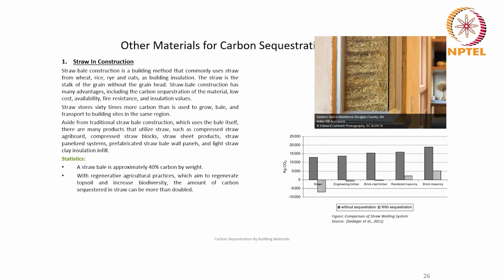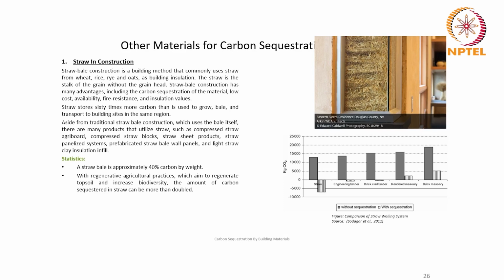Apart from traditional straw bale construction, which uses the bale itself, there are many products that utilize straw, such as compressed straw, agri board, compressed straw board, straw sheet products, straw panelized systems, prefabricated straw bale wall panels, and light straw clay insulation infill. The straw bale is approximately 40% carbon by weight.